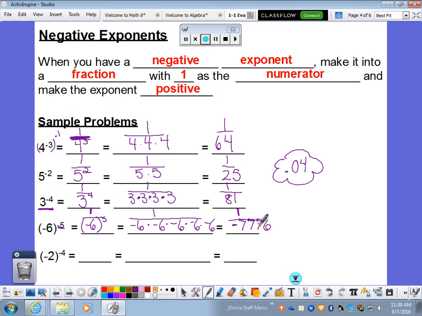Okay, one more time, let's practice that. We have a negative exponent, so I know we're making a fraction with 1 on top. The 4 just goes to a positive 4, and the base of negative 2 stays the same. Written out, this looks like a 1 on top still, and negative 2 times negative 2 times negative 2 times negative 2.